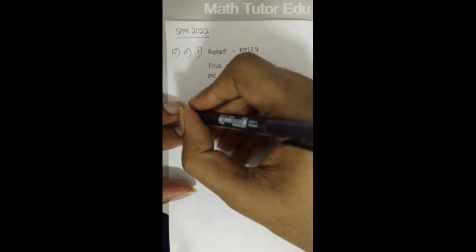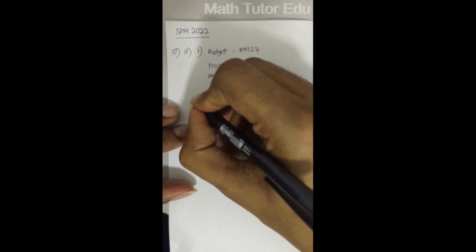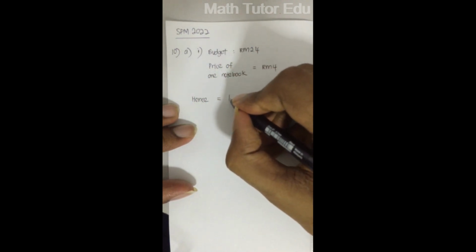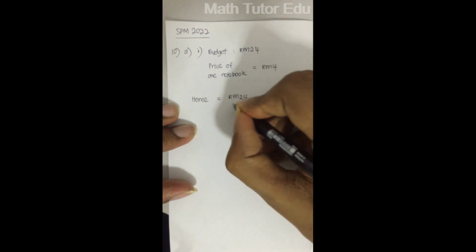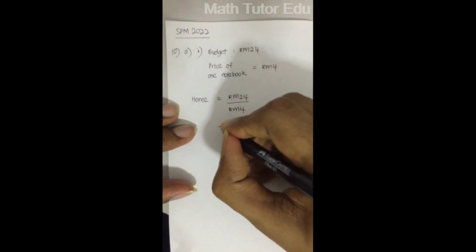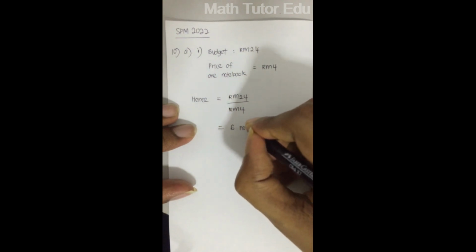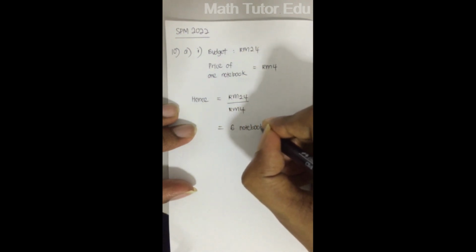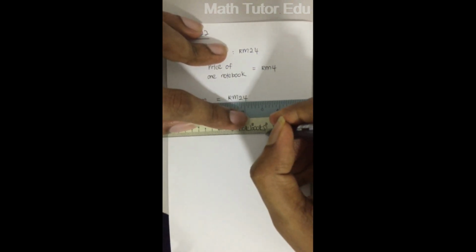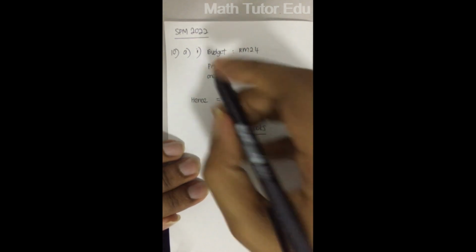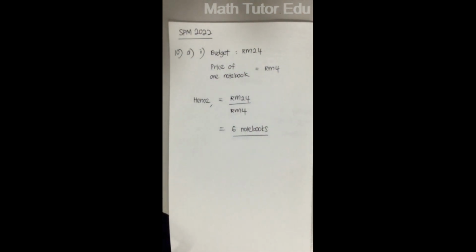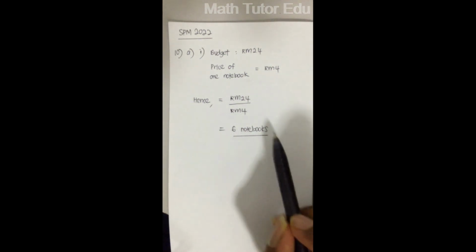Hence, RM24 divided by RM4 equals 6 notebooks. From here we have 10 notebooks and we get to choose only 6 notebooks.